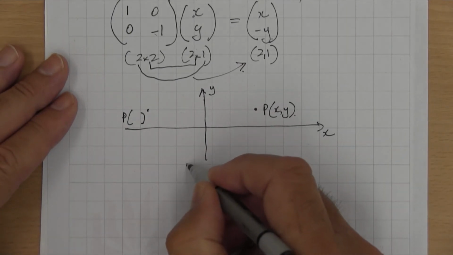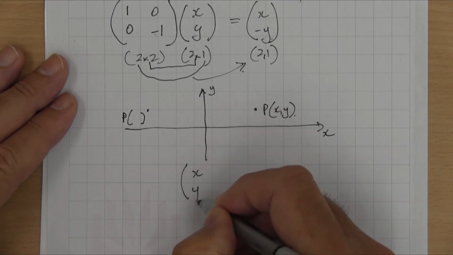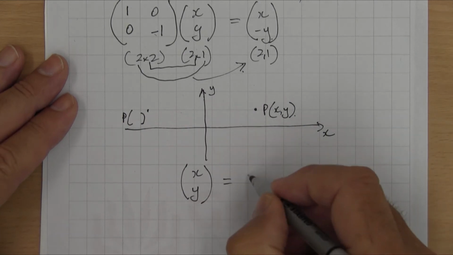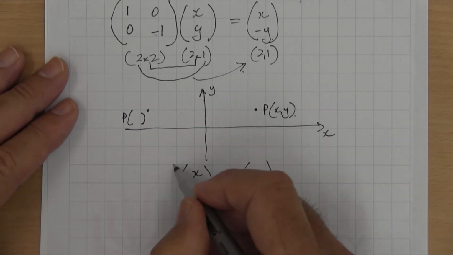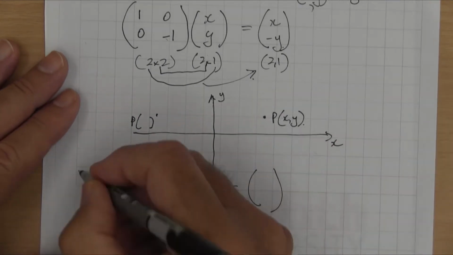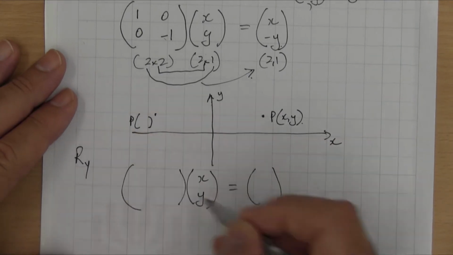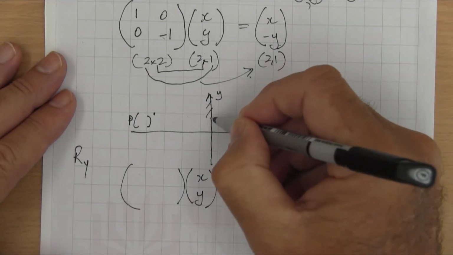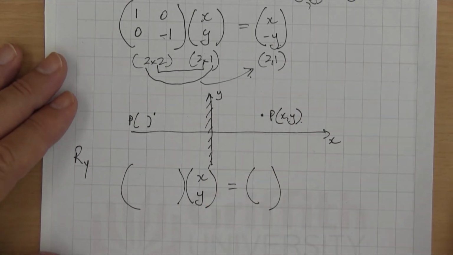So we've got (x, y) as our original point, and let's come up with the matrix for the transformation. So this is going to be a reflection in the y-axis. So this here, if you like, is like my mirror.